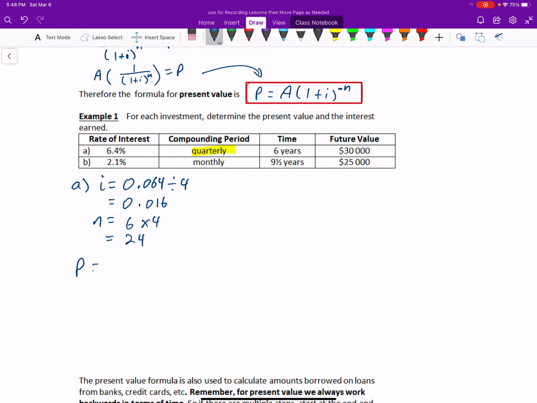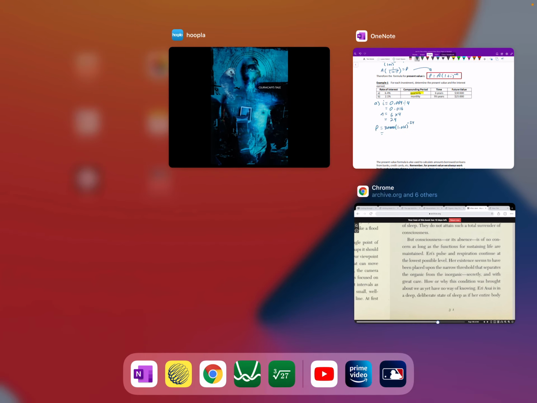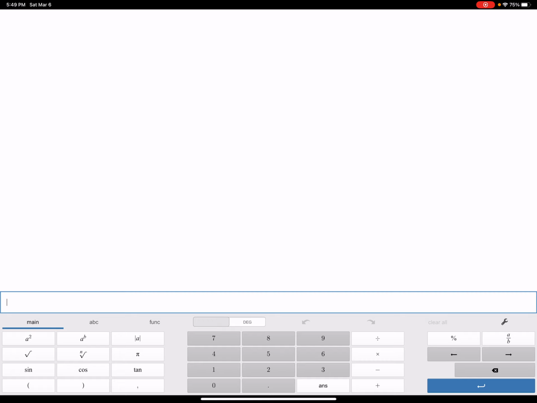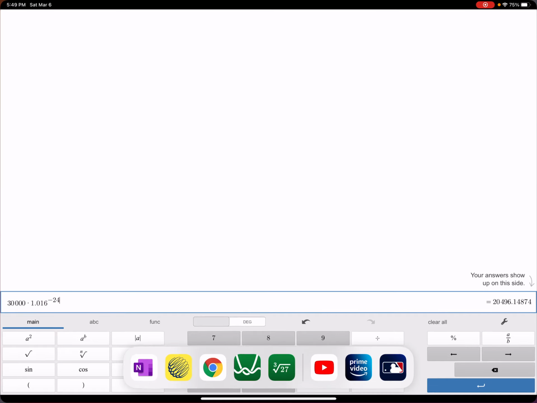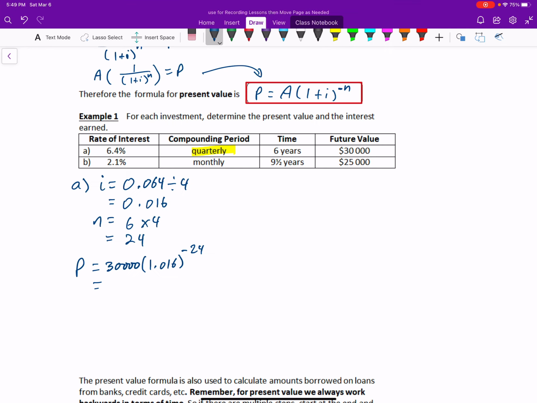But the new formula is P equals 30,000. That's the amount I want to have at the end of 6 years, times 1.016. I added 1 to i, to the negative 24. When I type that in, what I'm going to get is an amount less than $30,000. $20,496.15.